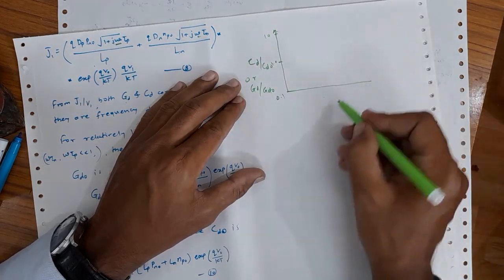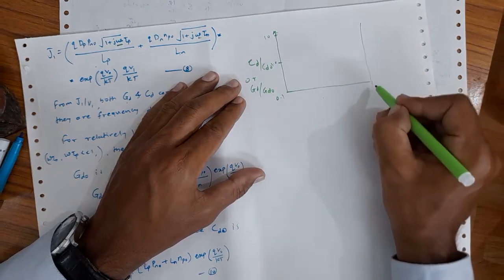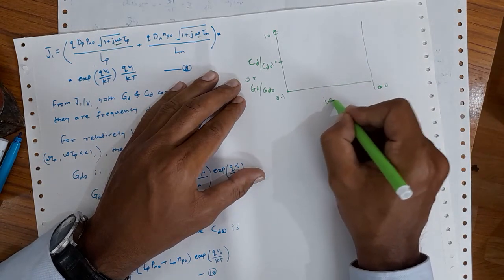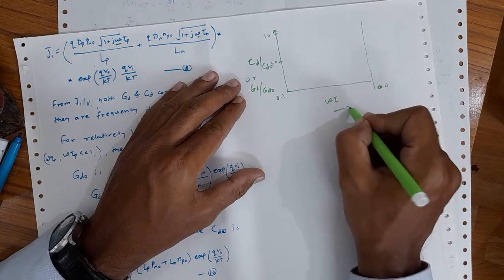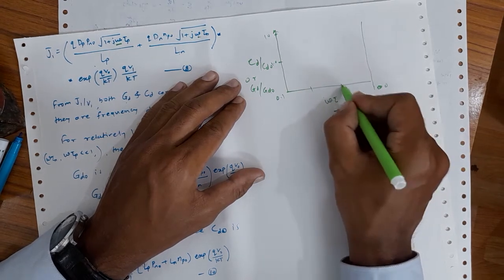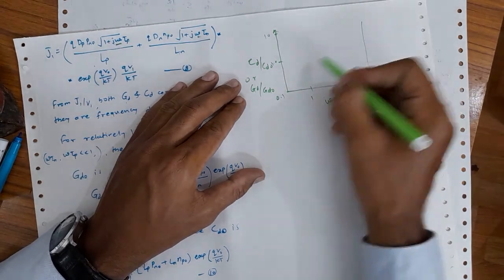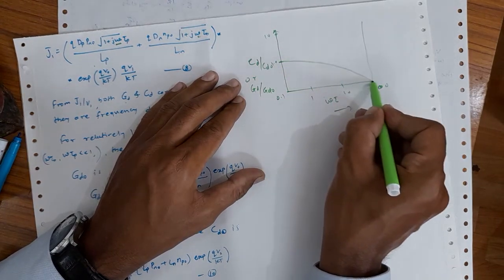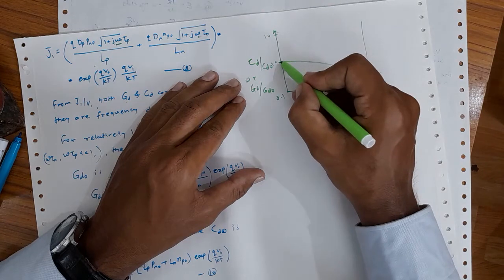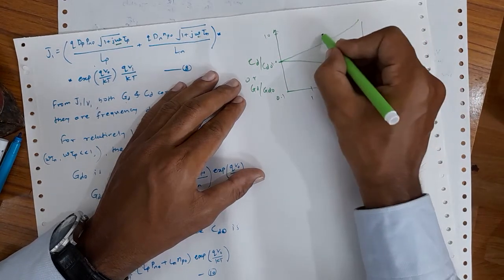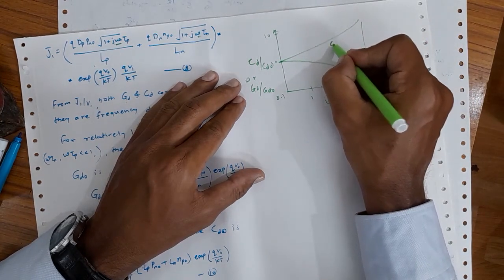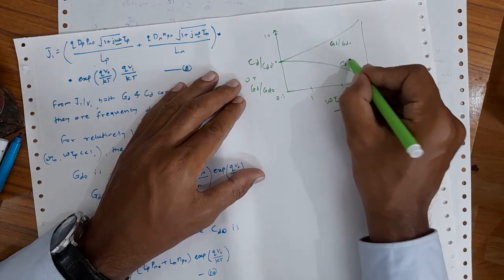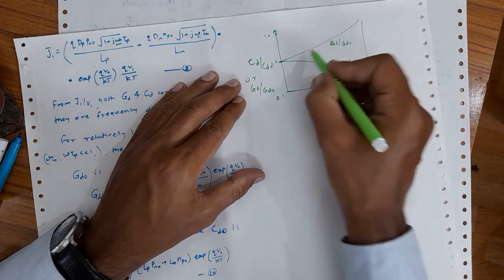So what we get over here is 100%, and omega tau on this side 1, then 10, and so on and so forth. So this is the graph for it. This is the GD by GD0 graph, and this is the CD by CD0 graph.